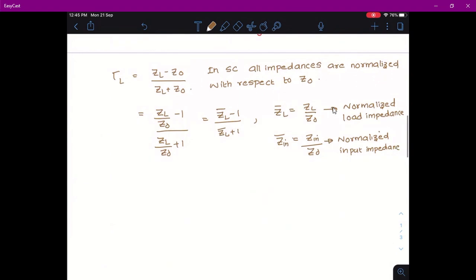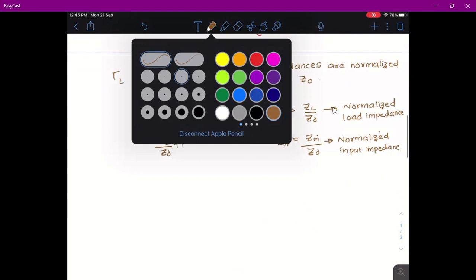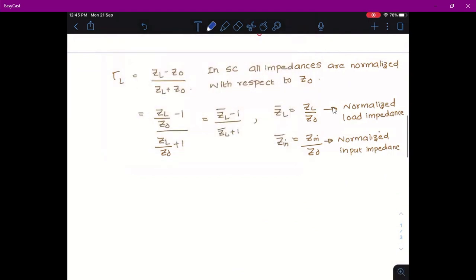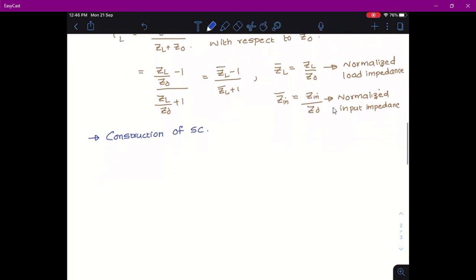Fine. Okay, now let's go into the construction of the Smith chart. Let's start with the basic equation, which is tau L is equal to ZL bar minus 1 by ZL bar plus 1.